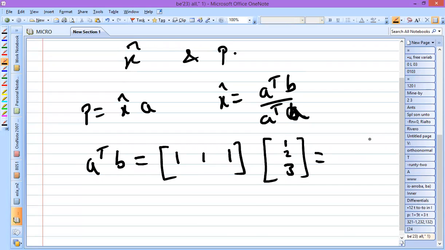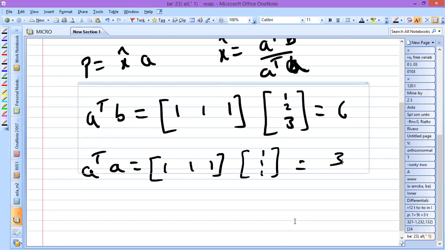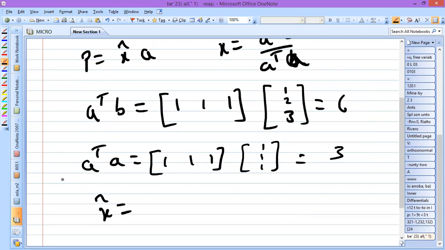So the sum is 6. A transpose A, 1 1 1 times 1 1 1, is 3.